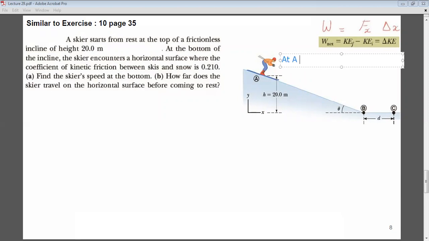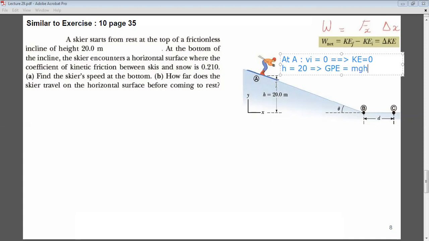So at point A, V initial is equal to 0, implies kinetic energy is equal to 0, right? Okay. At the top of a frictionless incline of height 20. So there is H equal 20, implies there is a GPE equal mgh.